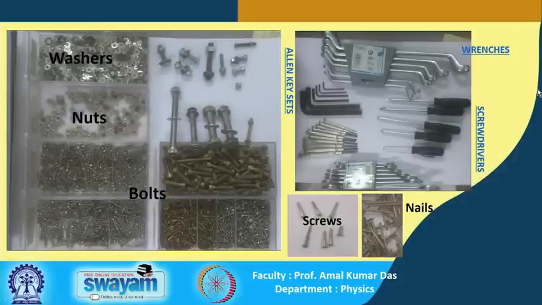So, if you go to a lab, you will find different types of nuts, bolts, washers, screws, nails and their drivers, meaning tools for screws or bolts. So, what instruments are required to do the job?